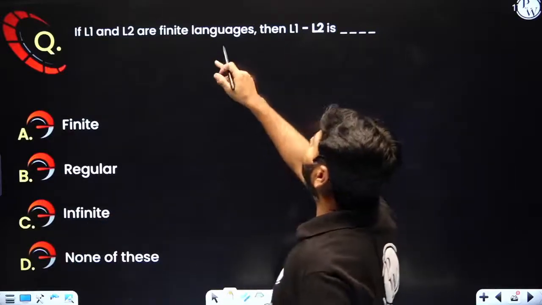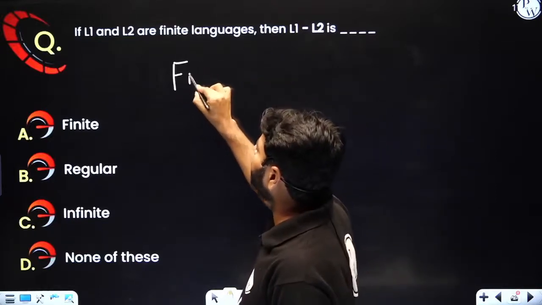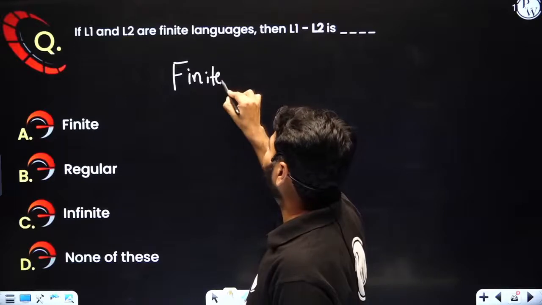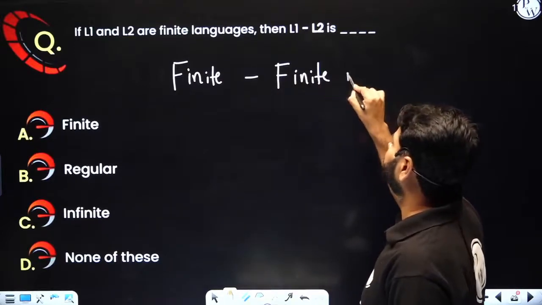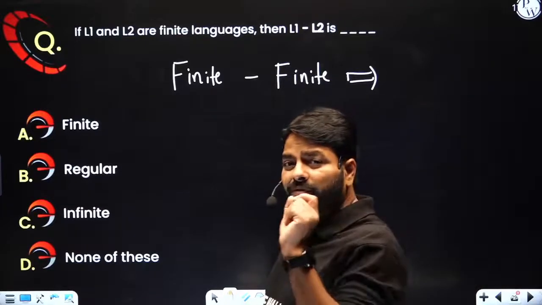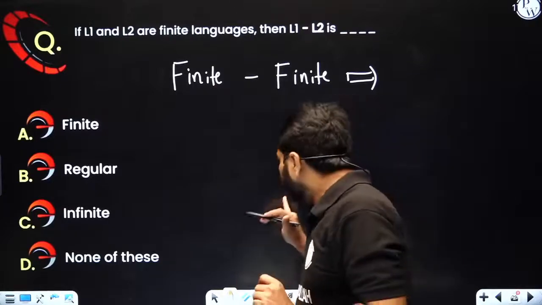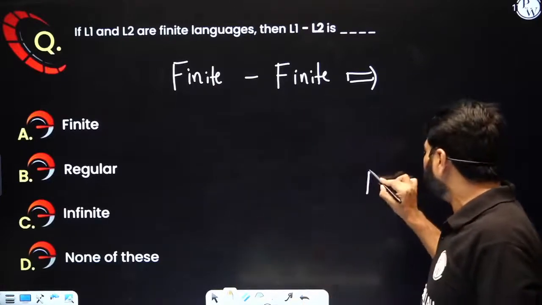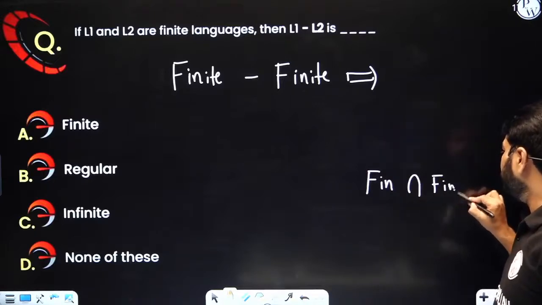If both are finite languages, what happens in L1 minus L2? L1 is given as finite, minus L2, also given as finite. Then what happens to L1 minus L2? Finite minus finite. Remember one point: finite intersection finite is finite.